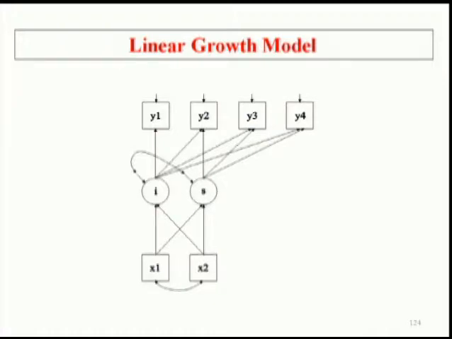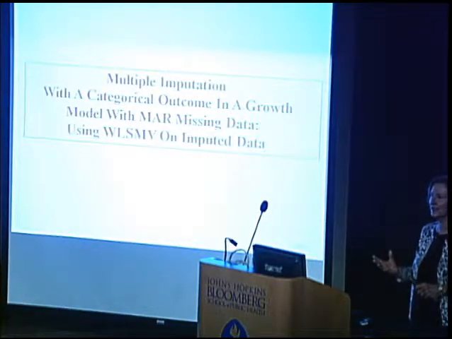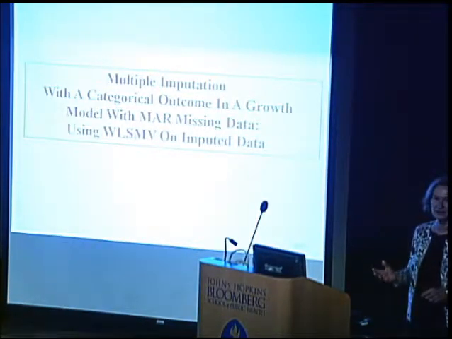Now we also have a situation that we've discovered that's quite useful, and that's multiple imputation with a categorical outcome in a growth model or in any model with MAR missing data, where you really want to use WLSMV. With WLSMV, the missing data handling in Mplus is not as good as for maximum likelihood.